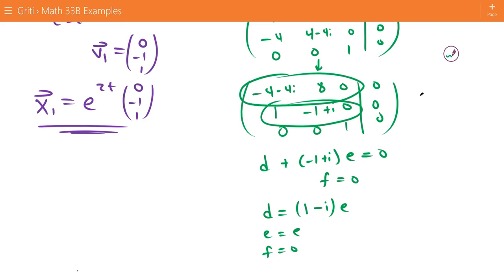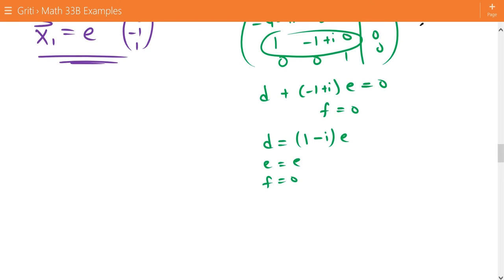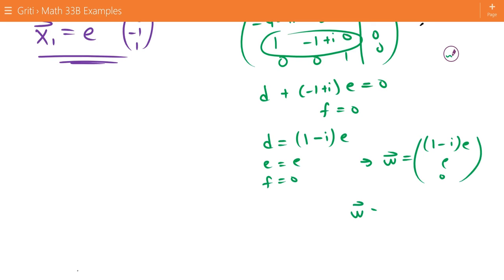Same thing will happen if we use this top row, but the bottom row is a little simpler to use. So that means our complex eigenvector w equals 1 minus i, 1, 0 times e. If we set e to be 1, that means w equals (1 minus i, 1, 0).